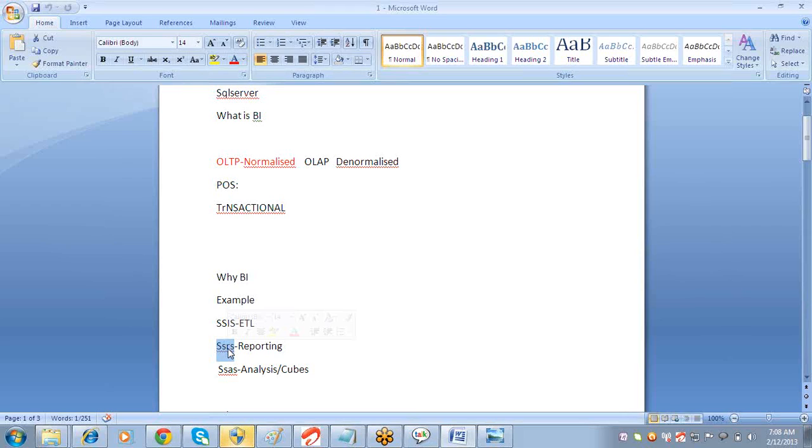So we'll do SSRS first, and then SSIS, and we'll do everything practically, no theory. We do it, we see, oh okay, this is how it works. We would implement the main features available in the tool.